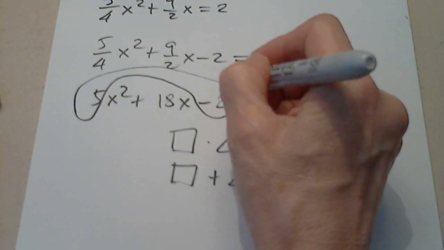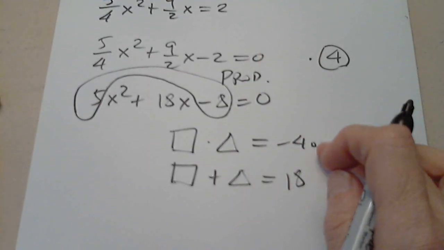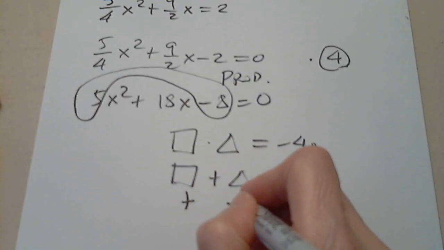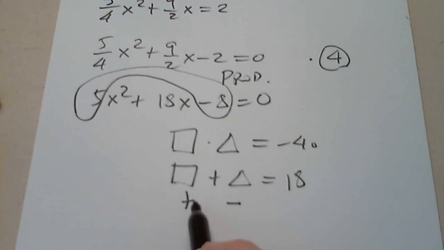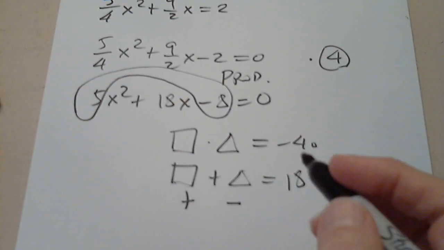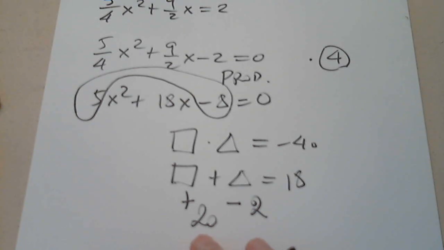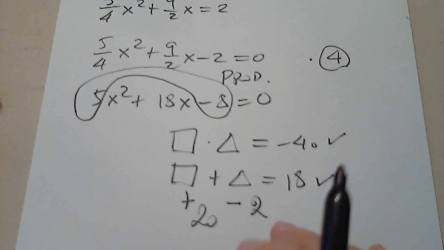Because the product is negative, one has to be positive and one has to be negative. But the positive number has to be much bigger than the negative, because the difference is a big number, 18. So 20 and 2. 20 times negative 2 is negative 40. 20 minus 2 is indeed 18.